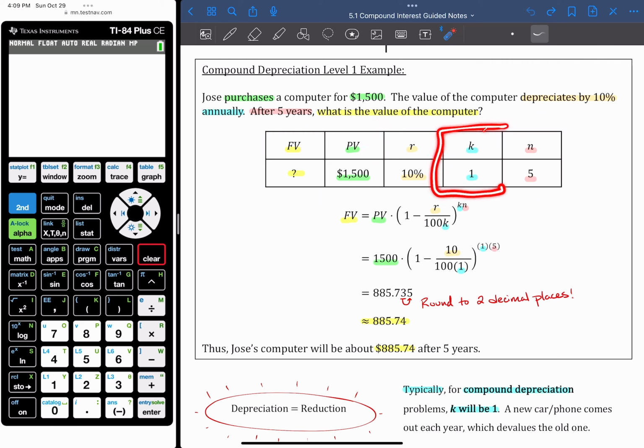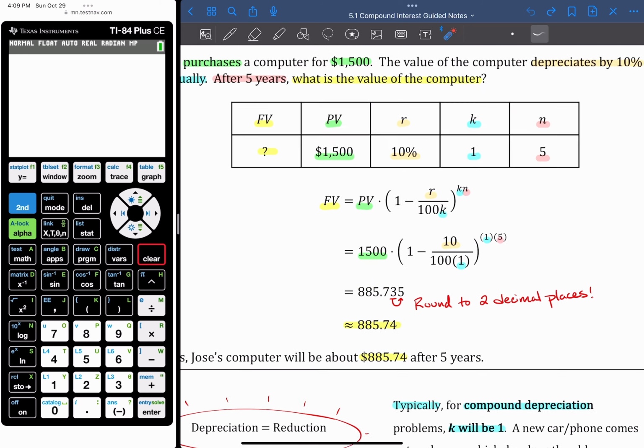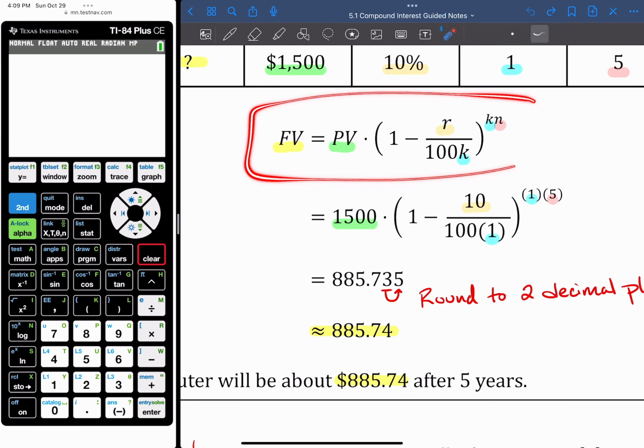And again, we're going to assume that because a laptop or a computer comes out every year, the K value, or how many times it's going to compound, is once per year.